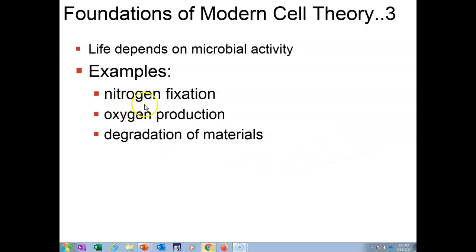microorganisms. Nitrogen fixation is an example of an activity that microbes do that helps plants to take in nitrogen so that they can grow properly. Oxygen production. Without microbes, the atmosphere would not be favorable to animals at all.